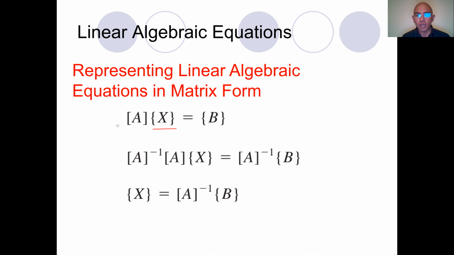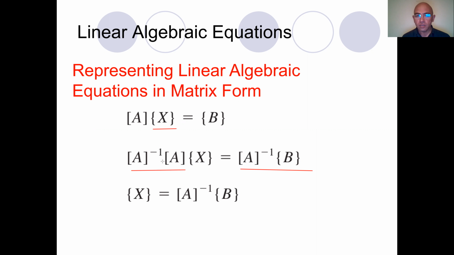Then what I do is I multiply both sides with the inverse of the matrix A. Now this multiplication will give me the identity matrix. Then on the right-hand side, I have A minus 1 multiplied by B. This is a matrix vector multiplication.